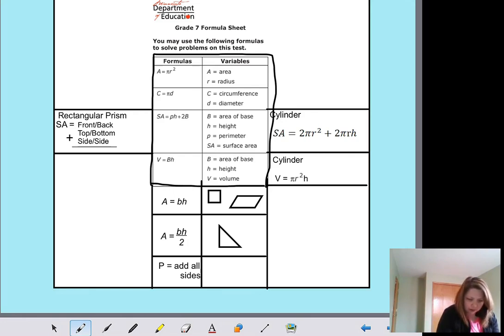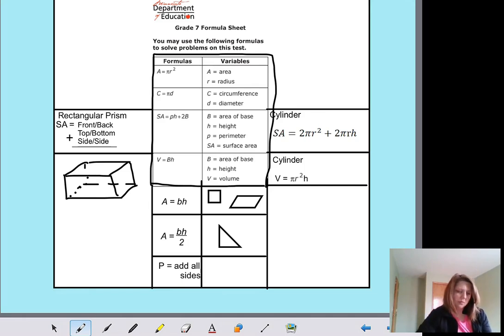A rectangular prism is something like this. That's what it looks like. This is what we call a rectangular prism. It has a front and back side, also a top and bottom, and a side and side.